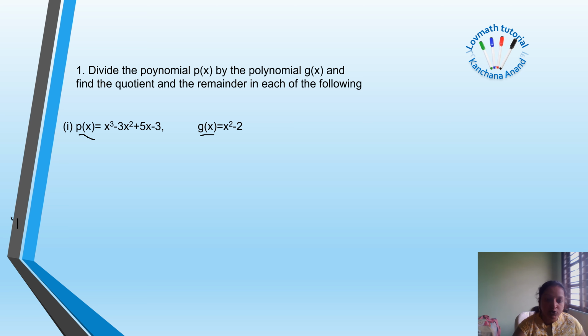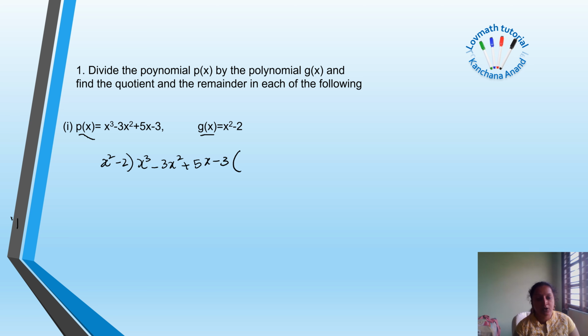This division is almost the same as the normal division we do in the lower classes. So x square minus 2 divided by x cube minus 3x square plus 5x minus 3.